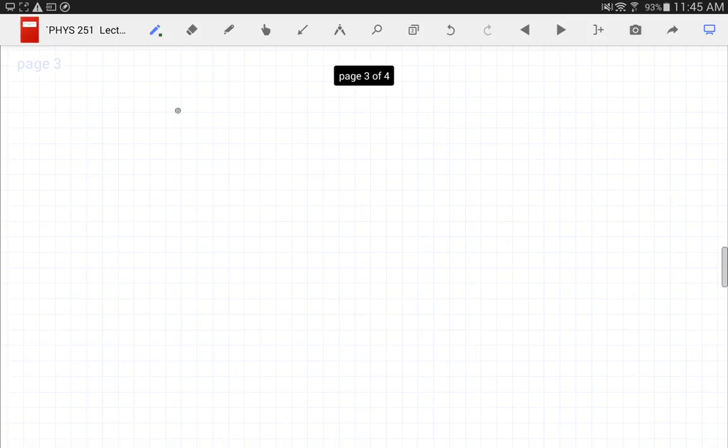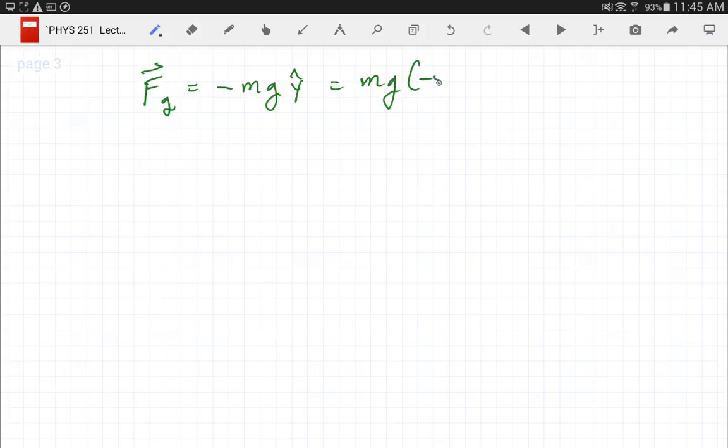So, starting with our equation, force of gravity is equal to minus mg y hat, or if you prefer, mg in the minus y hat direction. That's assuming vertical, y is up, and so gravity is down, making that assumption.